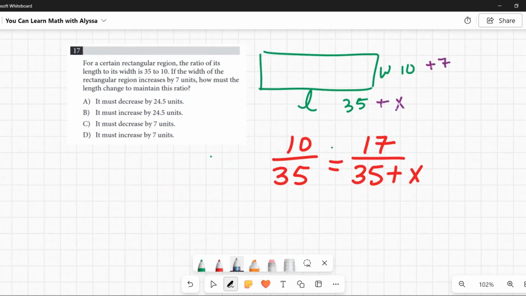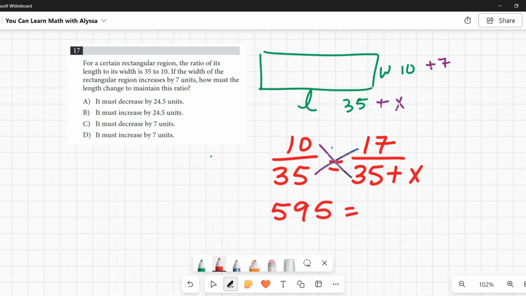So I can cross multiply. 35 times 17 is 595. And when I'm cross multiplying, I'm distributing: 10 times 35 is 350, and 10 times x is 10x.